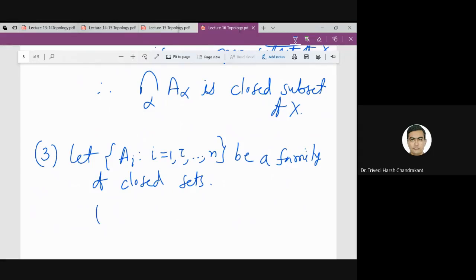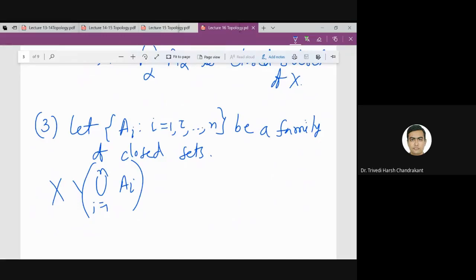We want to show its union is closed. To show its union is closed, we have to focus on the complement of that, and we need to show it is open. So what is the complement? The complement is the intersection, i running from 1 to n, of X minus A_i.